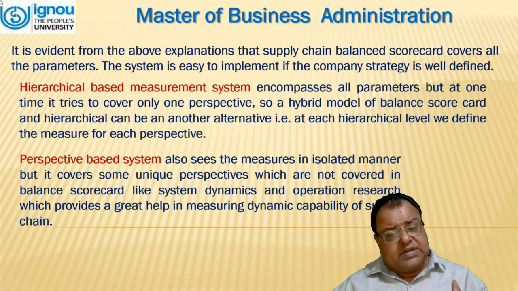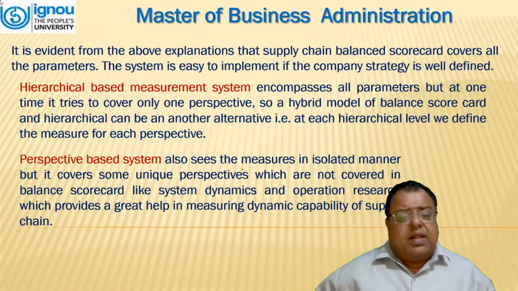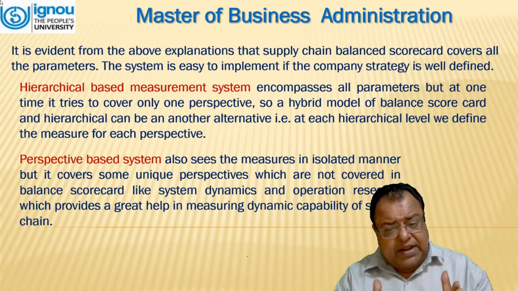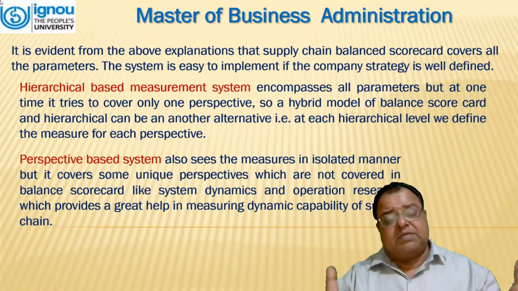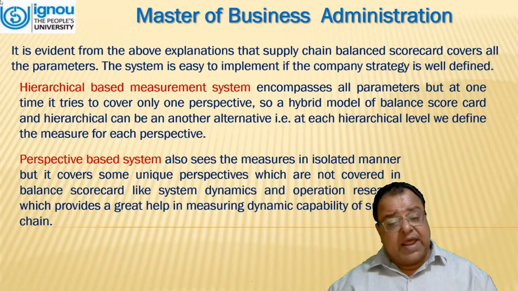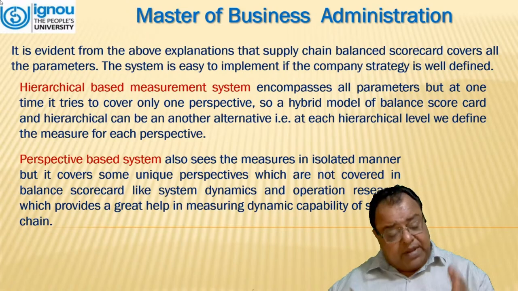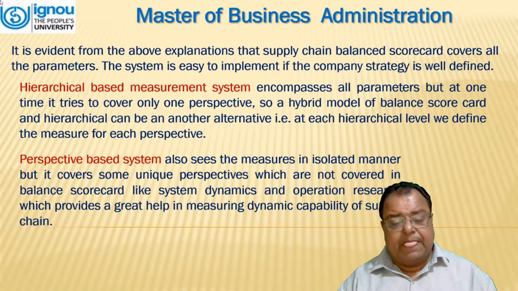That is, at each hierarchical level, we define the measures for each perspective. Perspective-based system also sees the measures in an isolated manner, but it covers some unique perspectives which are not covered in the balanced scorecard, like system dynamics and operational research, which provide great help in measuring dynamic capability of the supply chain.